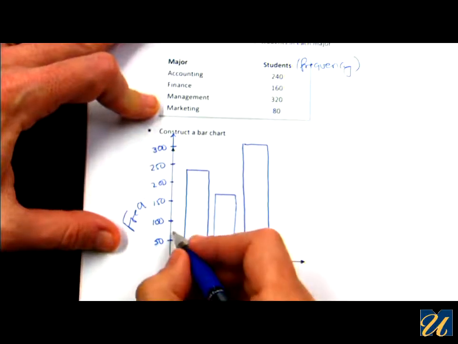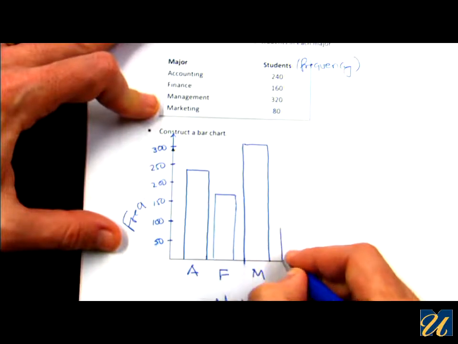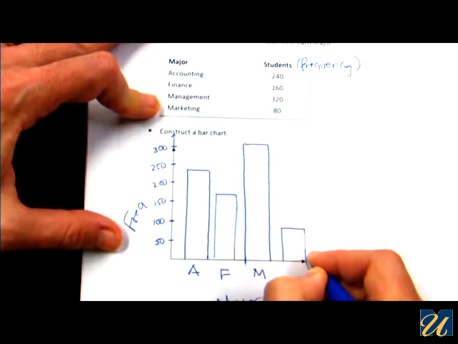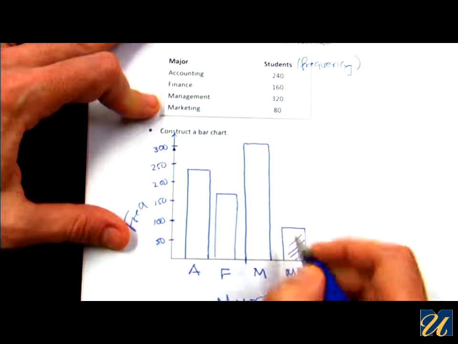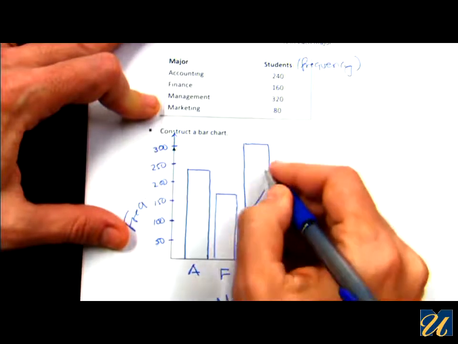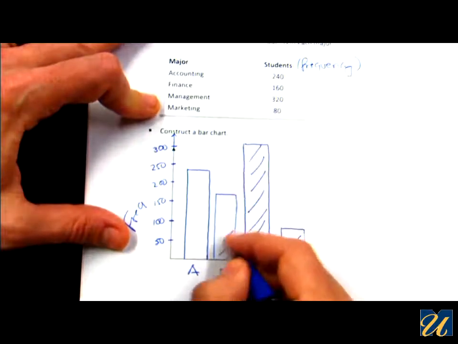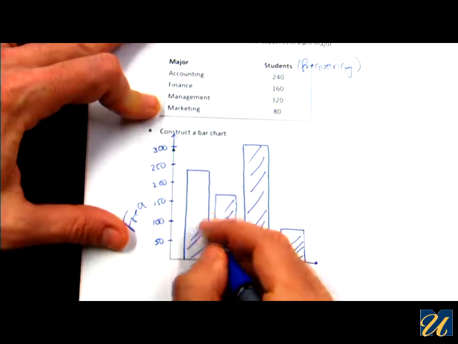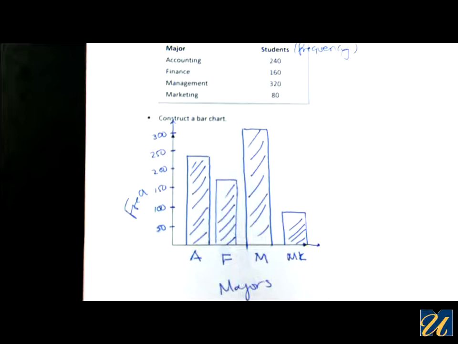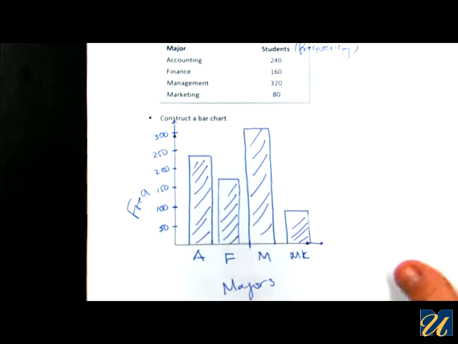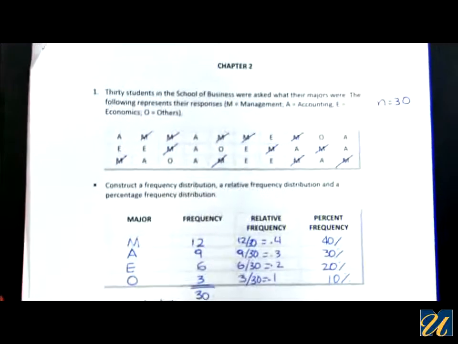And marketing, 80, somewhere over here. So if you use the same order of the majors, your bar chart would look something like this. And this concludes the exercises for Chapter 2.